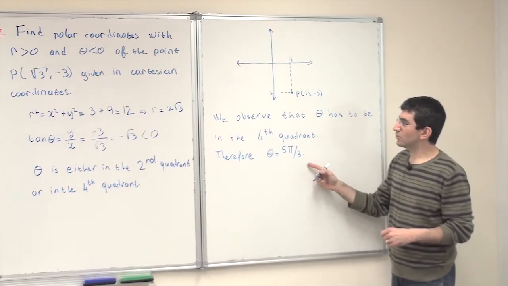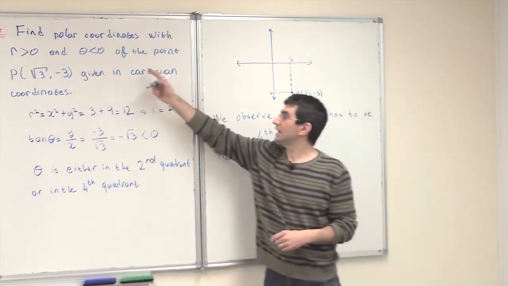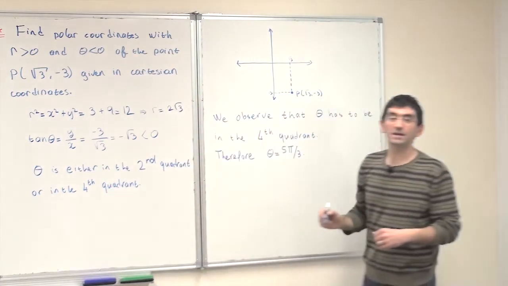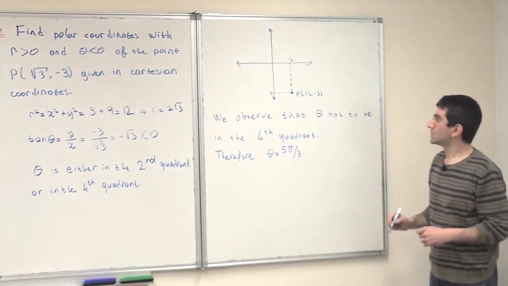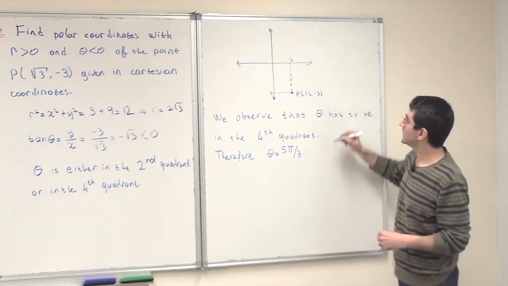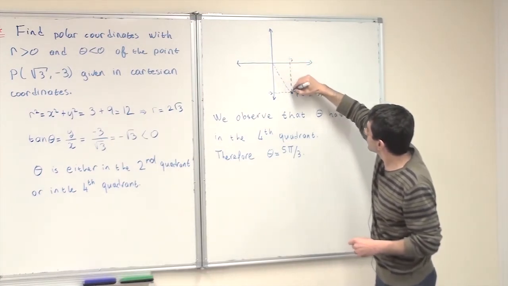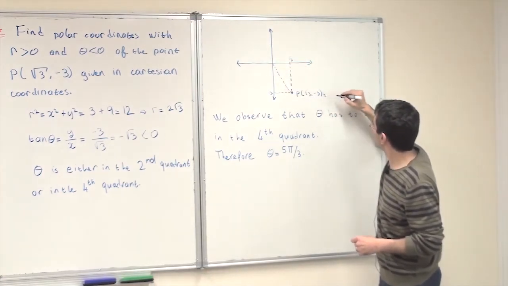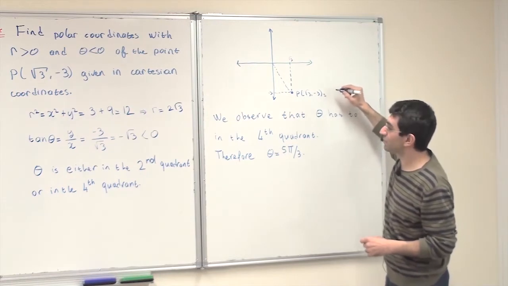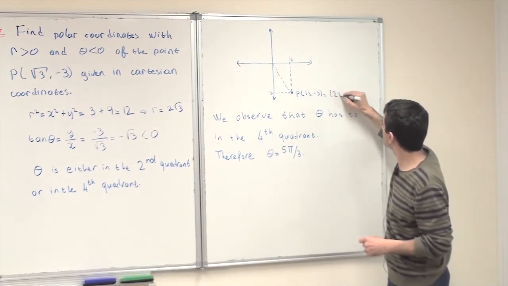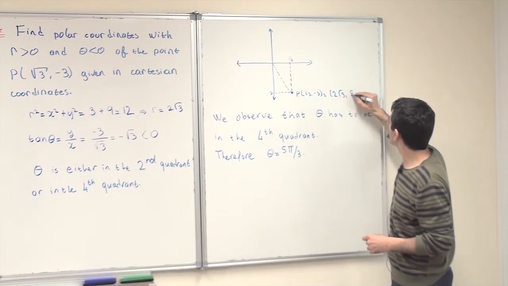The question is not over yet because the question wants from us a negative angle. So what we have found is the following. We have described this point using a positive r and a positive angle.